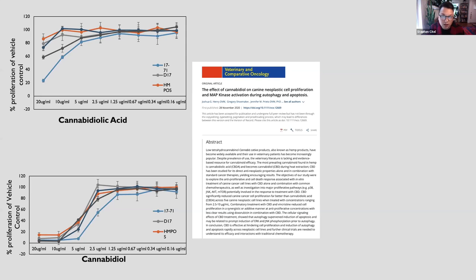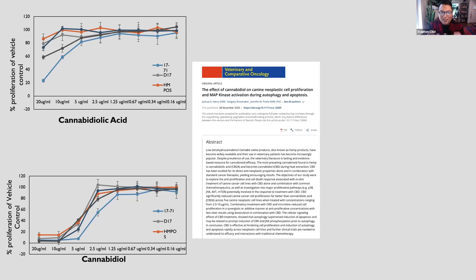Illustrations of the entourage effect in literature that we have available to us today. This paper was from a buddy of mine, Dr. Joe Washlag, and his colleagues. And they were actually doing some IC50 tests for different cancer cell lines, mammary carcinoma, canine lymphoma, and canine osteosarcoma, two different forms.